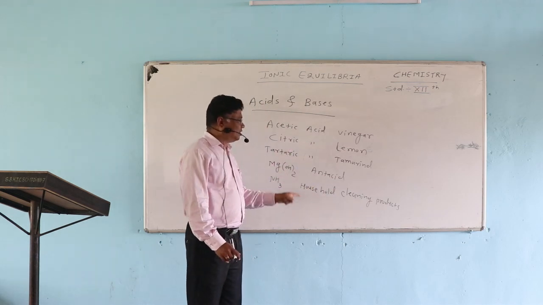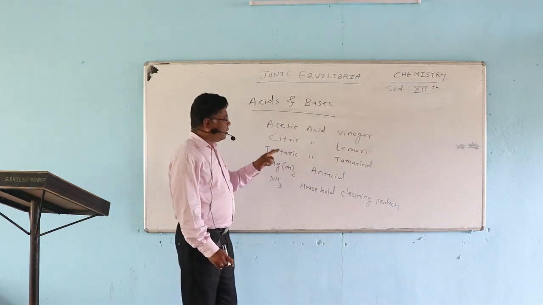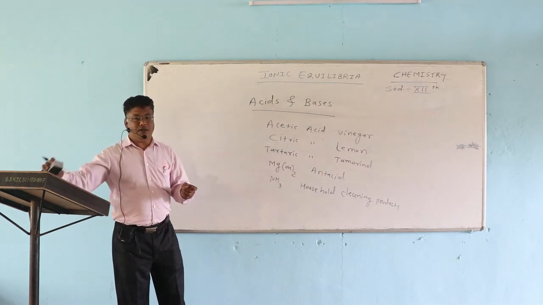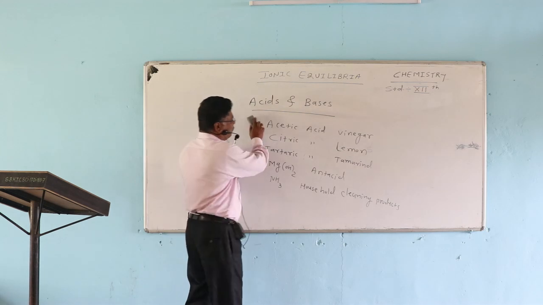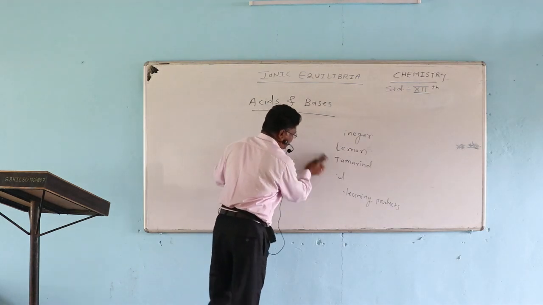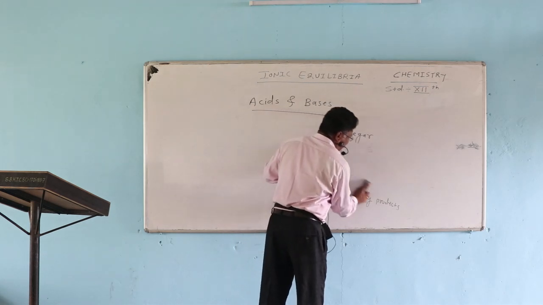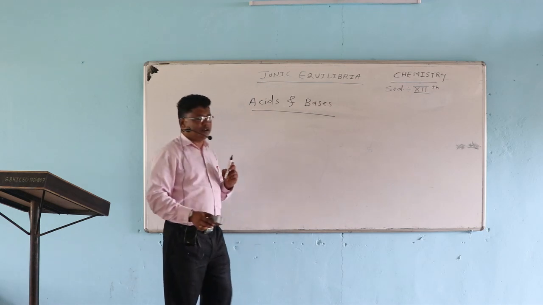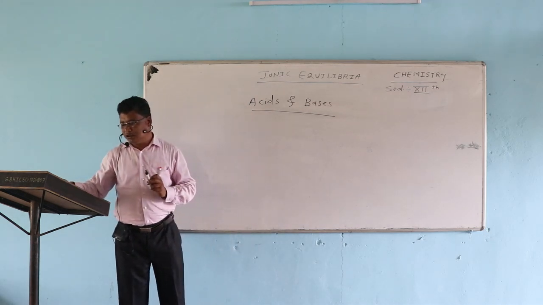We know all these substances. Here we want to study the definition of acid and bases and what are the correct definitions of acid and base given by different scientists.